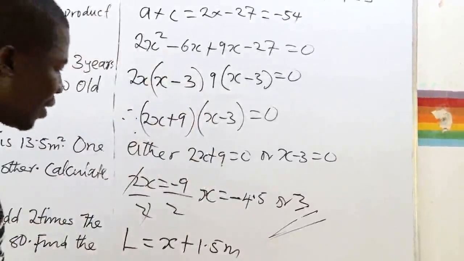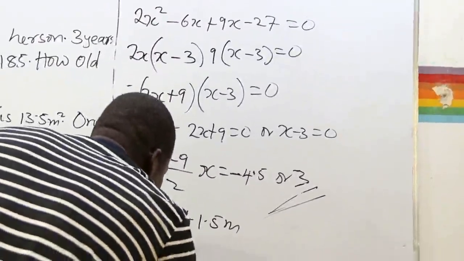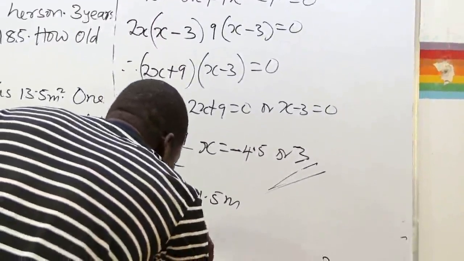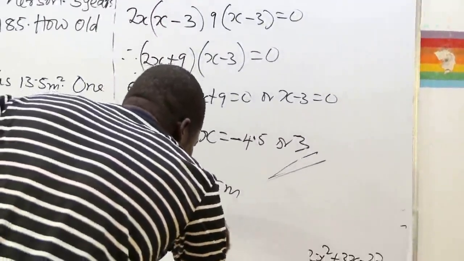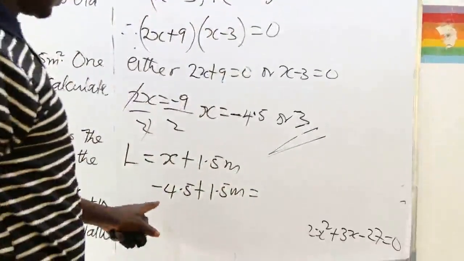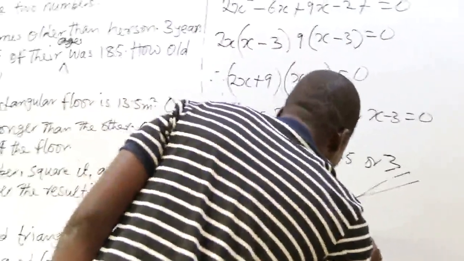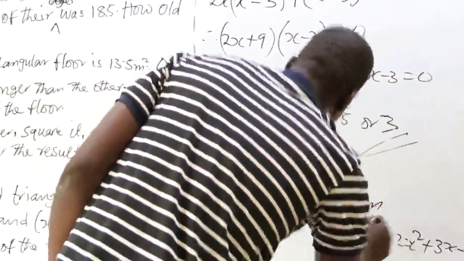Now we know the value of x. Our x is minus 4.5, plus 1.5 meters is equal to, if we simplify this, minus 3 meters.